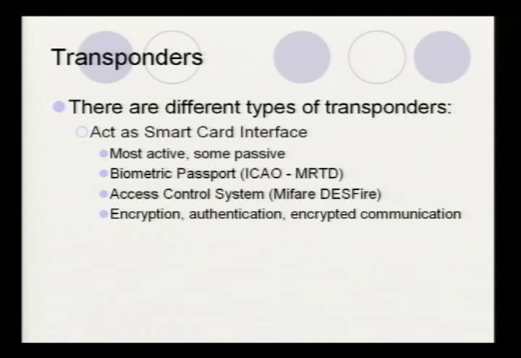And we have the smart card interfaces. Most of them are active, some passive. The best example is the ICAO MRTD, machine readable travel document, the biometric passport, and some access control systems like the MIFARE DESFire. The features of this tag are encryption, authentication, and encrypted communication. And this will be our main topic for tonight.